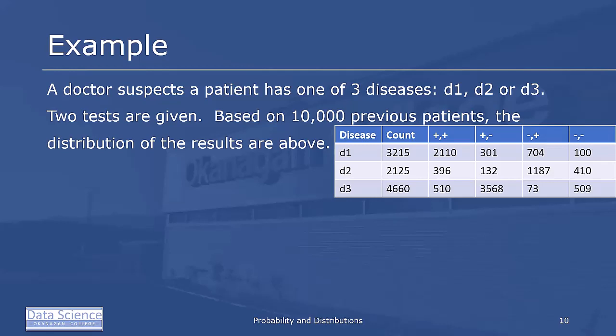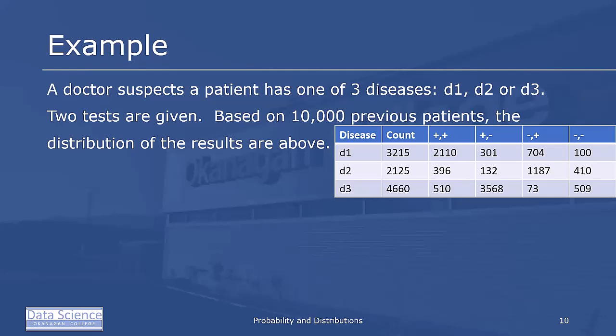Depending on whether you get two positives, a positive and a negative, a negative and a positive, or two negatives, we have a different distribution of what diseases a patient might have. For example, if we look at a patient who has two positive tests, about 2,100 of them have disease 1, about 400 have disease 2, and about 500 have disease 3.